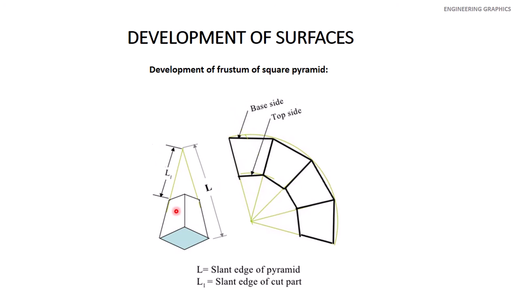We have not developed the base, only the lateral surface. So this is the development of the lateral surface of a frustum of a square pyramid.